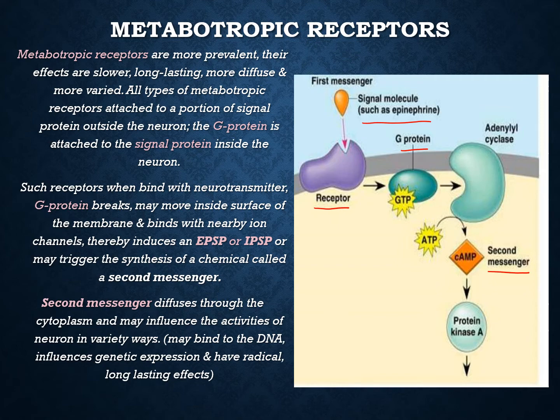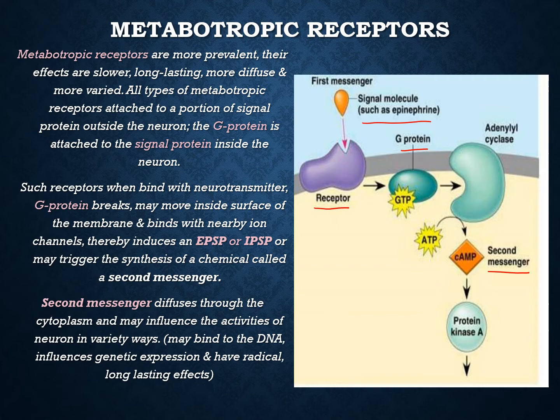All types of metabotropic receptors attach to a portion of a signal protein outside the neuron, and the G protein is attached to the signal protein inside the neuron. When such receptors bind with a neurotransmitter, the G protein breaks away, may move along the inside surface of the membrane and bind with nearby ion channels, thereby inducing a postsynaptic potential.